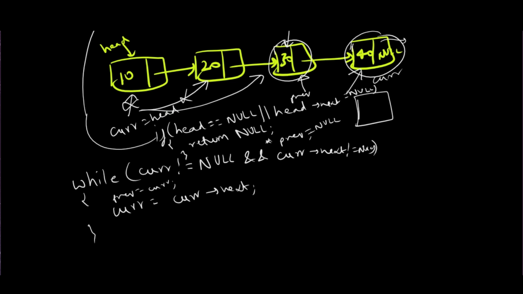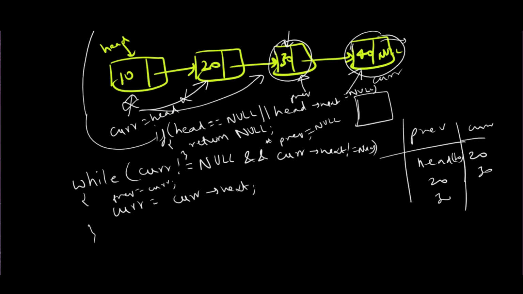It will check if 10's next is not null, so previous will become current, that is head. So at first run, previous will become head, current will be pointing to 20 and head is 10. Next, previous will be 20 and current will be 30. Next, previous will be 30 and current will be 40. And after this, current's next is null, so this loop will stop here only.